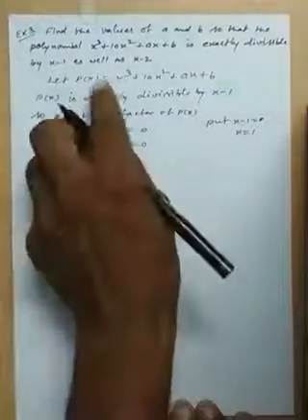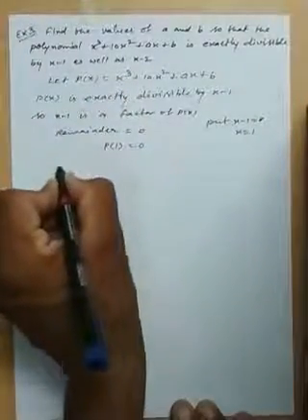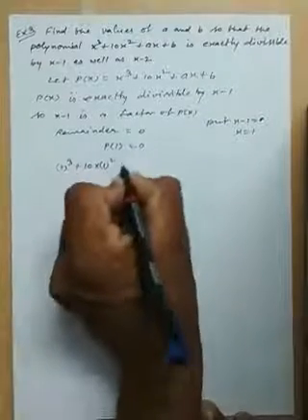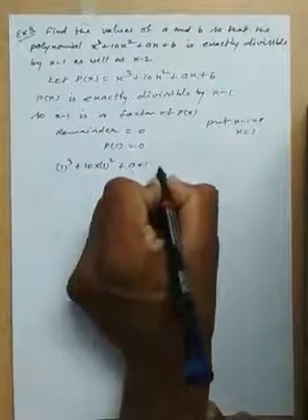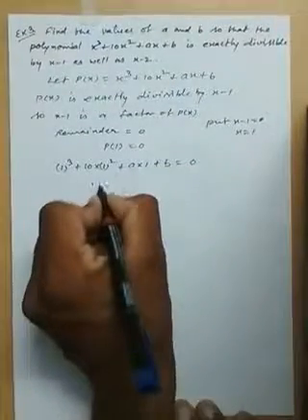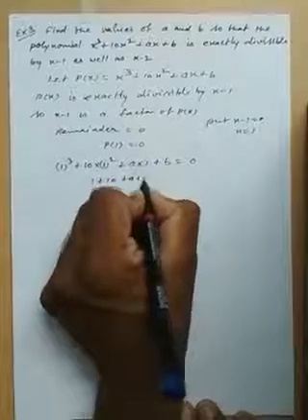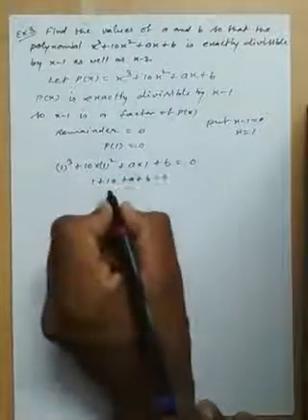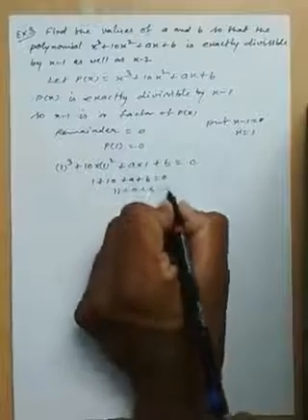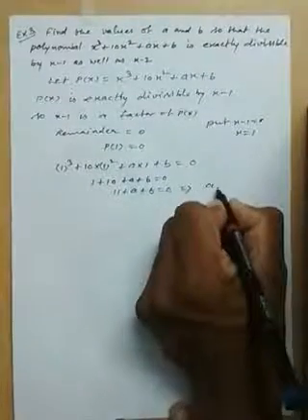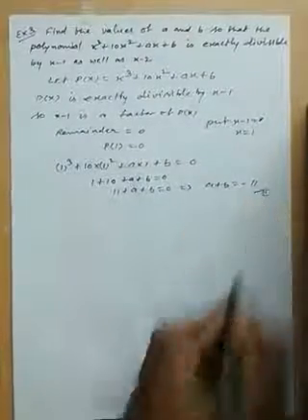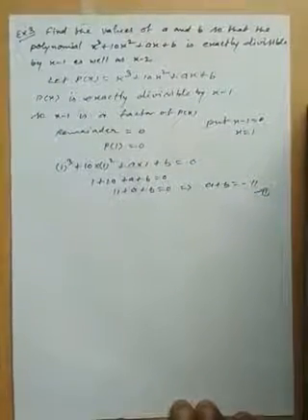So px is x cube, so 1 cube plus 10 into 1 square plus a into 1 plus b equal to 0. 1 cube is 1, 1 plus 10 plus a plus b equal to 0. 10 plus 1 is 11 plus a plus b, and here a plus b equal to minus 11, which is equation first.